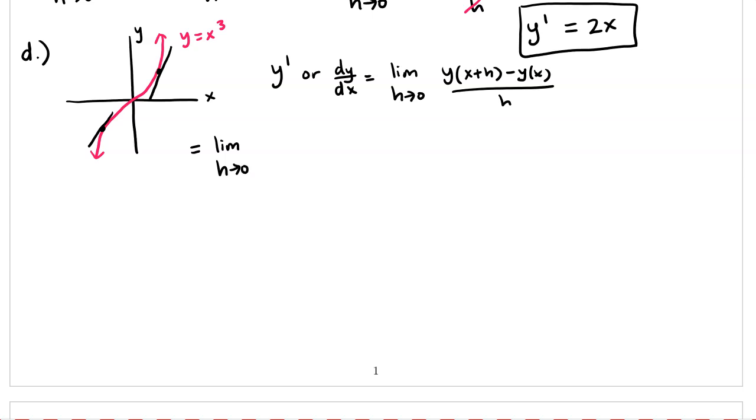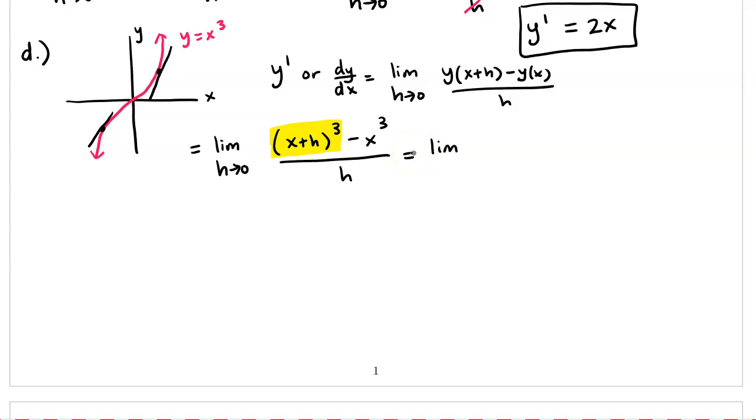This becomes the limit as h approaches 0 of x plus h quantity cubed minus the original function, which was x cubed, all over h. Once again, our goal right now is to expand x plus h cubed.